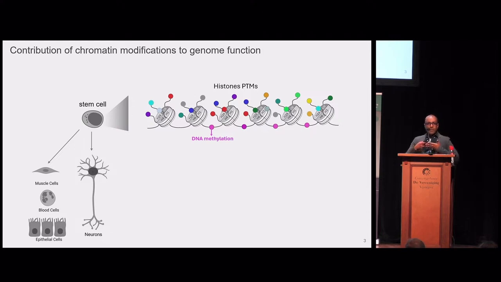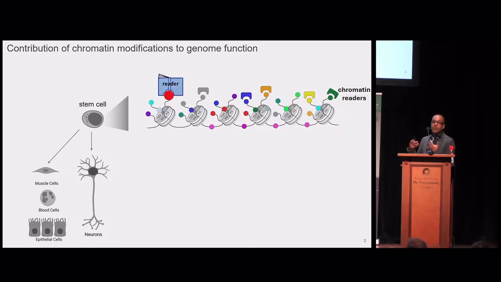So these epigenetic landscapes, with different histone PTMs and DNA methylation, for example, are read and interpreted by a group of proteins called reader proteins. These reader proteins are a diverse range of proteins that can read and interpret these different moieties, either on histones or on DNA.